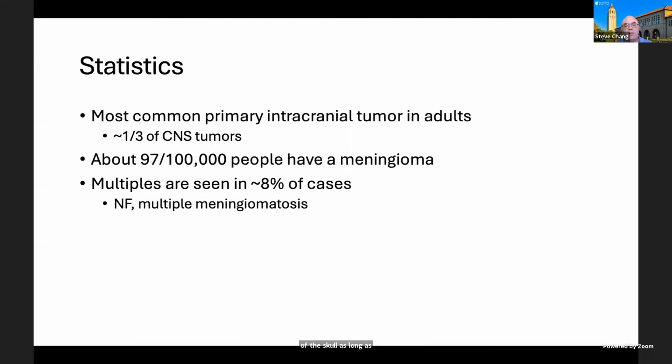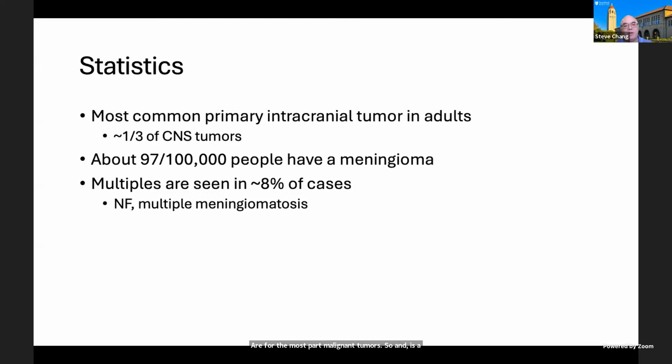About 25 to 30% of brain tumor patients have meningiomas. The other types of tumors that comprise brain tumors are, for the most part, malignant tumors. So meningioma is a preferable tumor to have if you have to have a brain tumor.